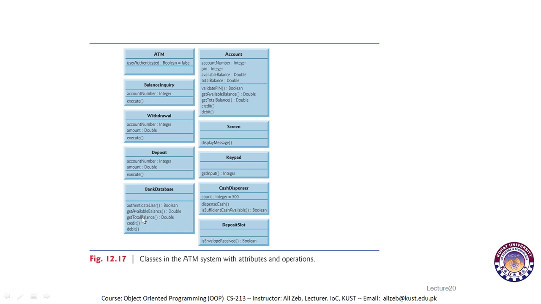It needs to get the available balance in the double form. It needs to get the total balance, credit the amount and debit the amount. Then we have the deposit slot that will check if it has received the envelope.